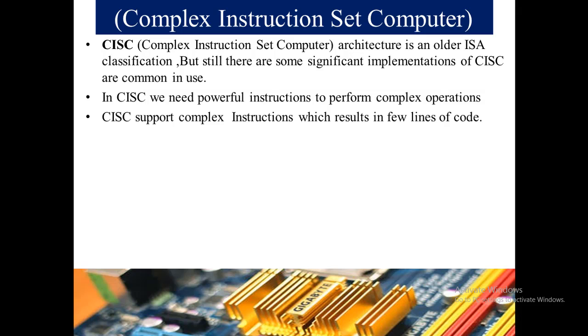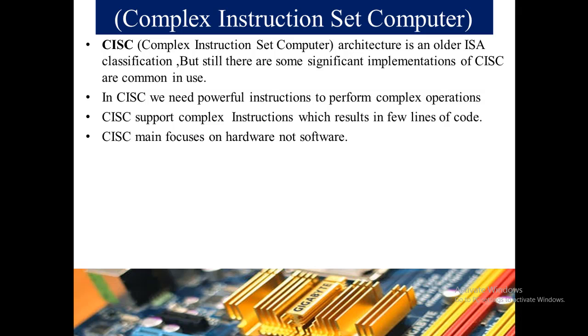CISC supports complex instructions, which results in few lines of code. It means that the complex instructions cause a reduction in the code size. So we can say that CISC has shorter code as compared to RISC. CISC's main focus is on hardware, not software.